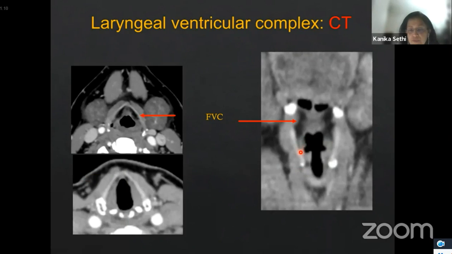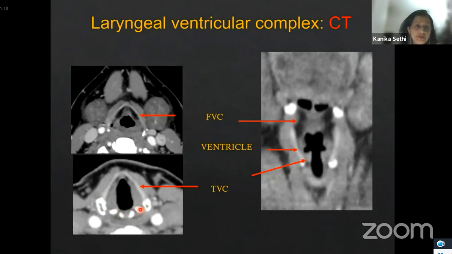Then you have the laryngeal ventricle, which is filled with air, and below that you have the true vocal cords, which are formed by the thyroarytenoid muscles and the vocalis muscles medially. So that's the thyroid cartilage. How do you recognize the thyroid cartilage on a CT? It is reverse V-shaped. Posteriorly is the cricoid, and on top of that are the arytenoid cartilages.